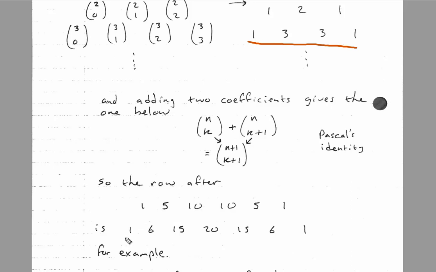It always starts and finishes with 1s, and then just add these two to get 6, add these two to get 15, put it in the middle. 10 plus 10 is 20. So just from one row of Pascal's triangle, it's easy to get the next row.